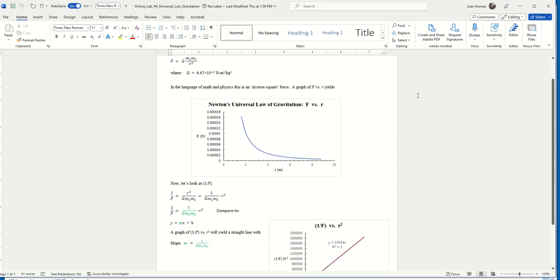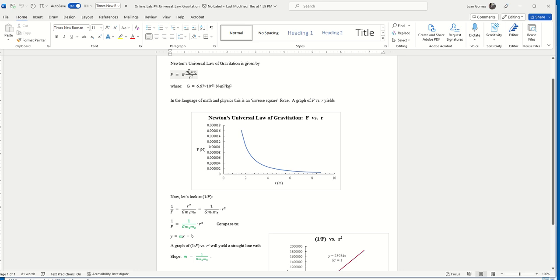If F is G m1 m2 over r squared, 1 over F is simply r squared over G m1 m2. Notice the term 1 over G m1 m2 doesn't change. You have your m1, for example, the geosynchronous satellite, your m2, for example, the Earth, and G, the gravitational constant. So that term never changes. It's a constant.